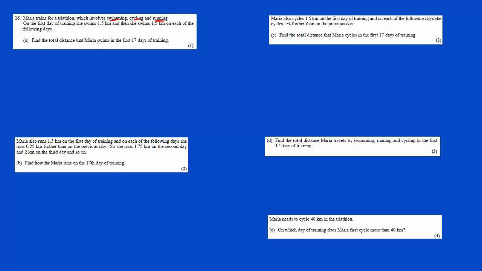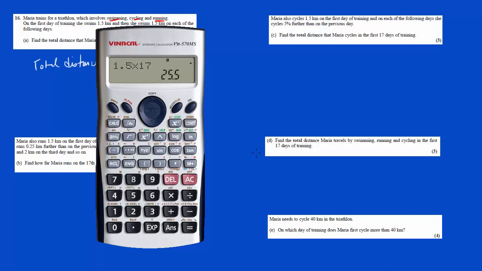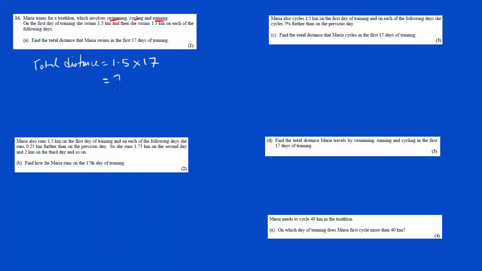Find the total distance that Maria swims in the first 17 days. Since each day she swims 1.5 kilometers, we just multiply by 17, and that is 25.5 kilometers, the total distance.